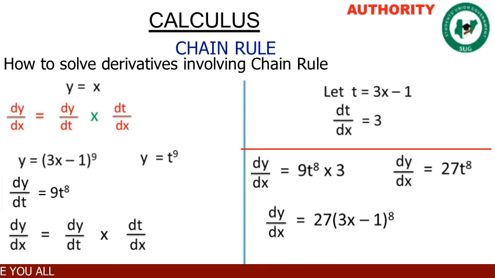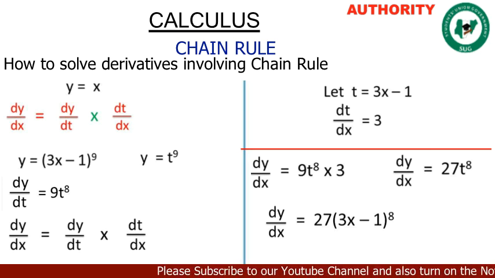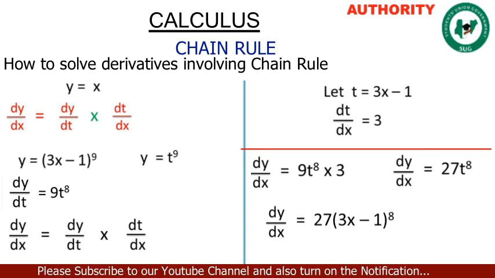So our differentiation of y with respect to x gives dy/dx equal to 27(3x minus 1) raised to power 8. Yes, this is all about the chain rule. Please let's continue and treat more examples. In doing so, we are going to understand better.